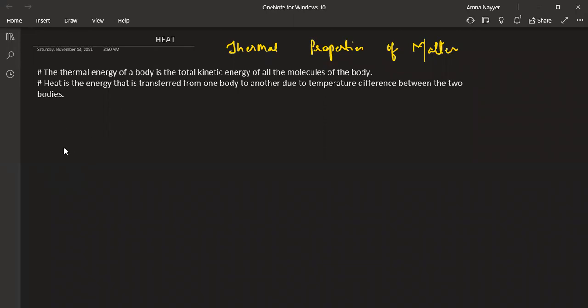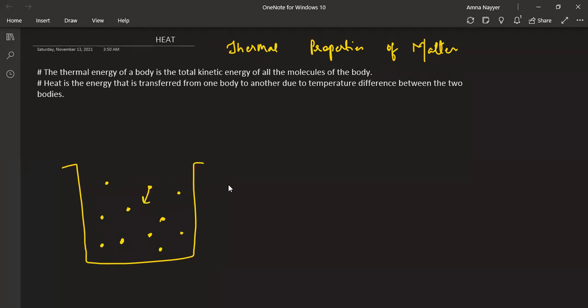See here, let's say I have taken up a container here, and I have filled it with some molecules. Now, when these molecules are residing in this container, there will be certain motions exhibited by these. Because of motion, there will be presence of kinetic energy. Now see, what will be the total energy of the system? Since these particles are moving, these particles are translating.